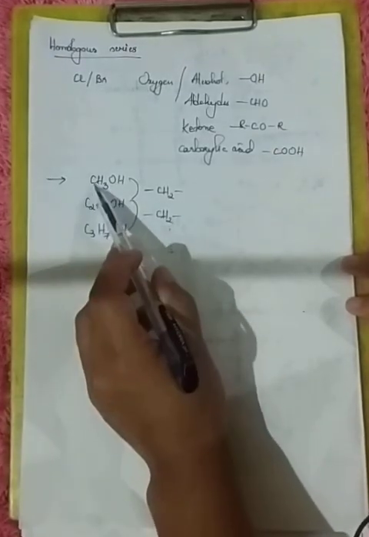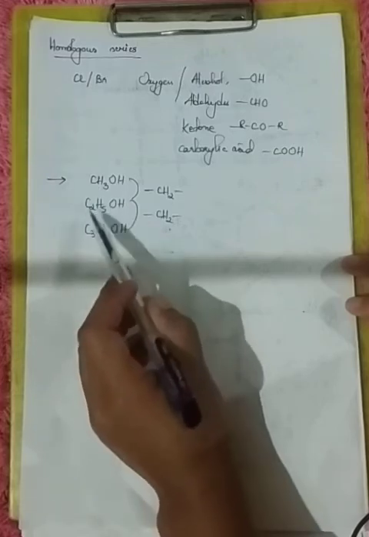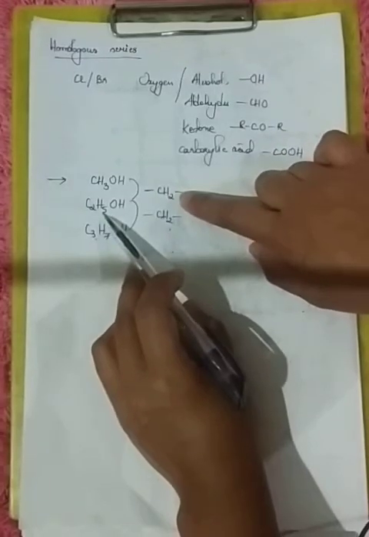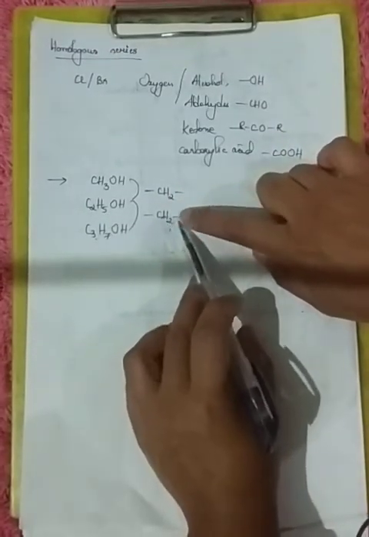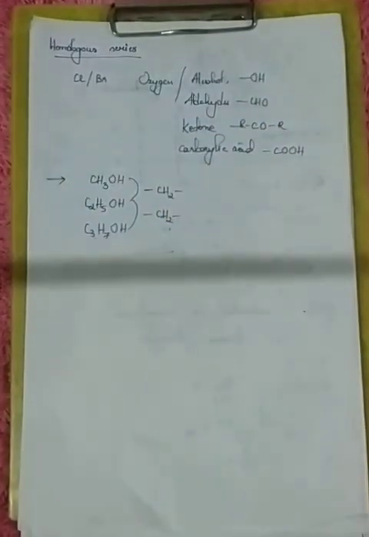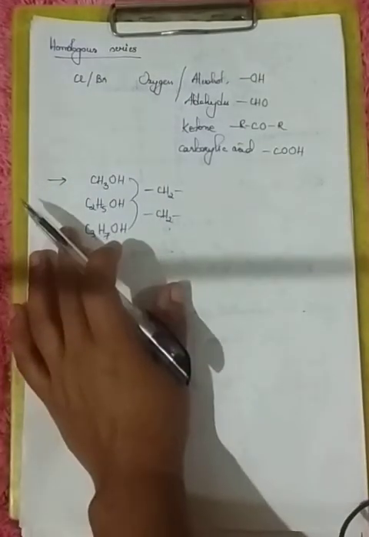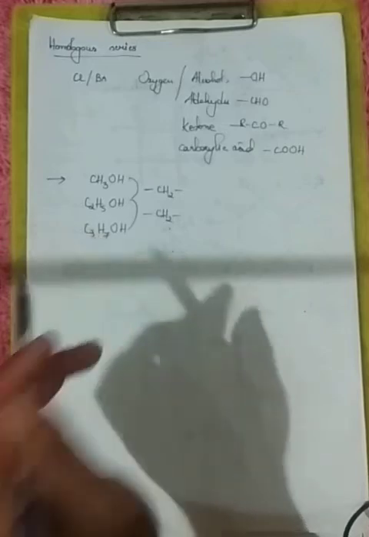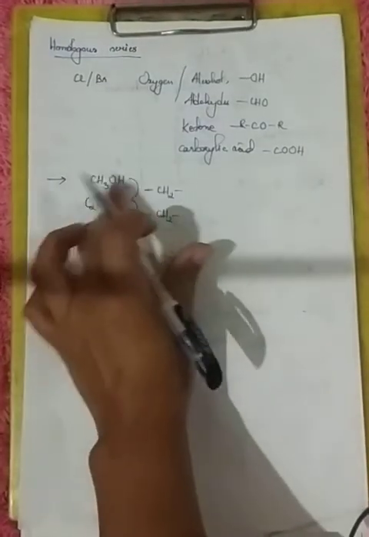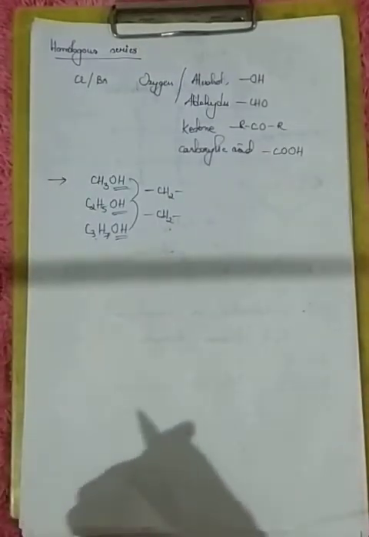Here it was 1 carbon atom, here we have 2, here we have 3 carbon atoms. Therefore it becomes C3H7OH. Now these members differ only by a CH2 unit. Therefore, such a series of compounds in which the same functional group substitutes for a hydrogen atom in a carbon chain is called a homologous series.